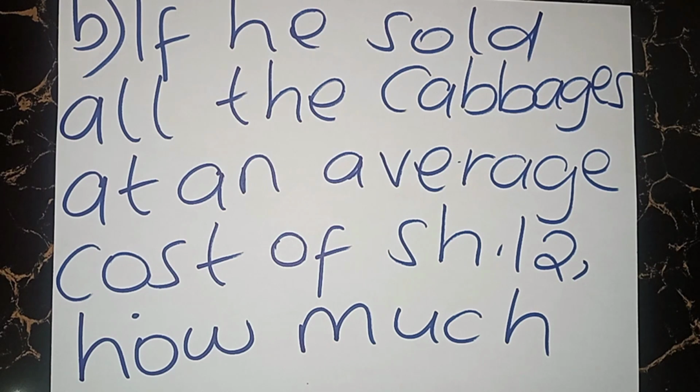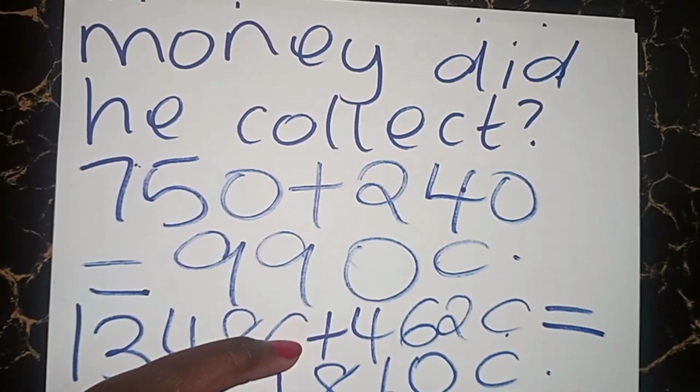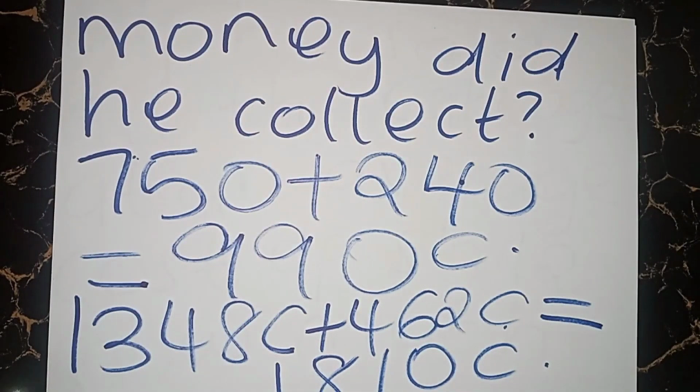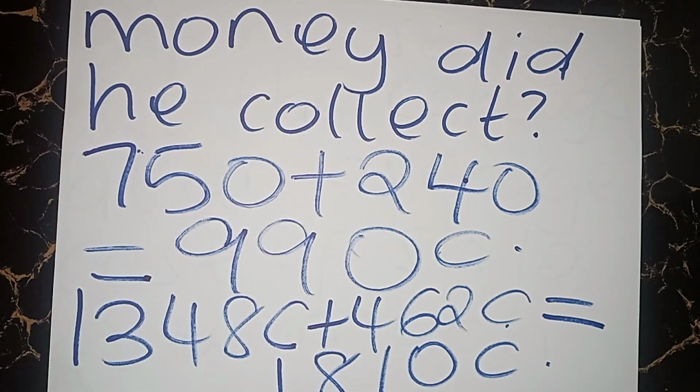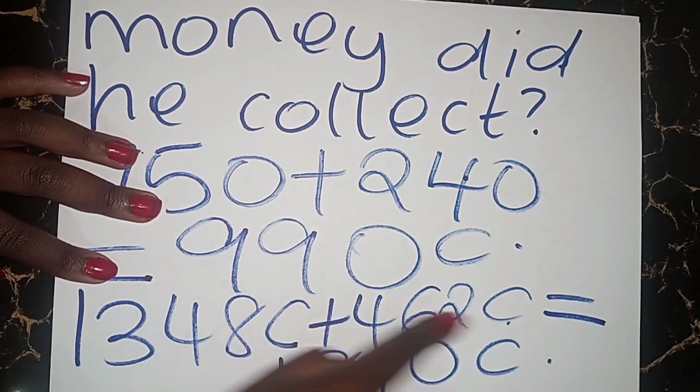Part B, if he sold all the cabbages at an average cost of 12 shillings, how much money did he collect? Okay, yes. So part B is asking us to find out how much money this vendor collected after selling the cabbages at 12 shillings. So, how many cabbages did this vegetable vendor have in total? This vendor initially had this number of cabbages, and he added this on the third day.